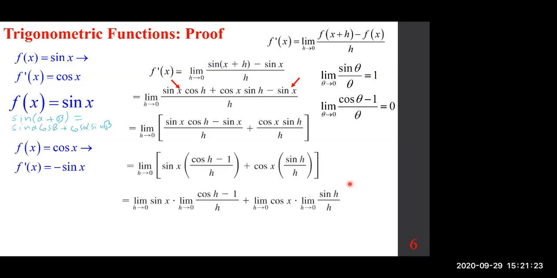We are dealing with absolutely the same thing, okay? And that's it. Therefore, the final answer is cosine x. Believe it or not, this is the proof, class. Okay, this is the proof.